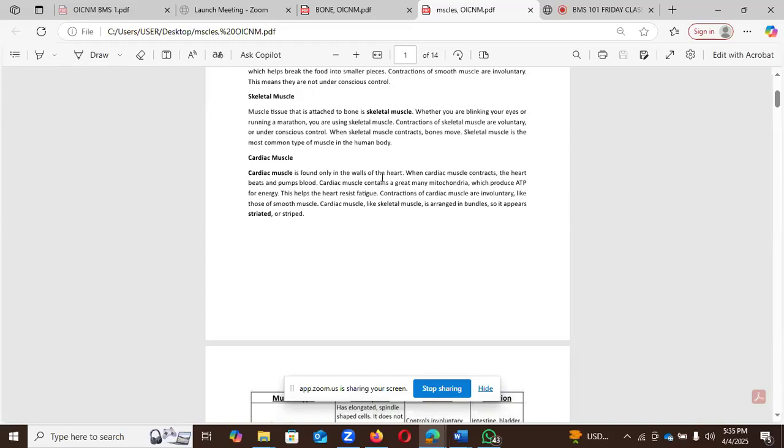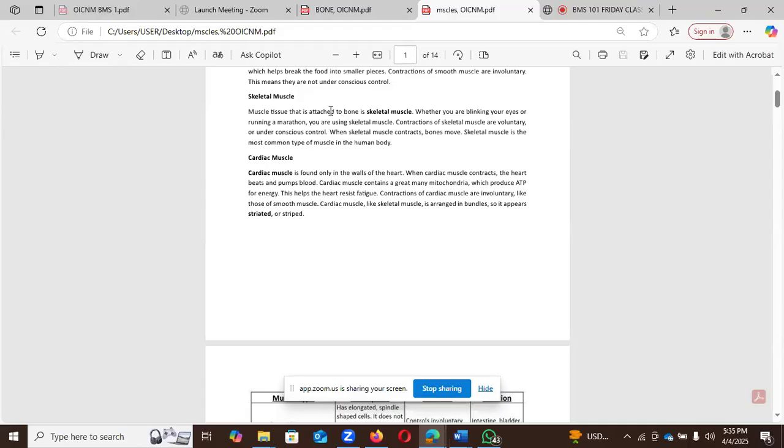Cardiac muscle has many mitochondria, and that is why it doesn't get tired easily. Why? Because mitochondria is where you produce ATP, and this ATP is a source of energy. That's why among the three muscles, cardiac muscle is the one that works continuously.